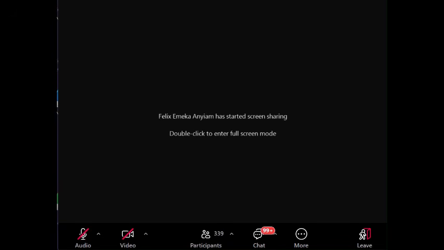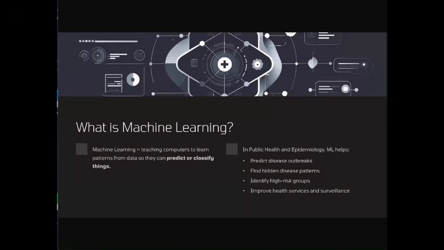what is happening. Okay. So see, in public health and epidemiology, machine learning helps predict disease outbreak. What does it mean when it says predict disease outbreak? It simply means that, say, every two years there's a disease outbreak in community A. There's a disease outbreak in 1999, 2020, 2021, 2023, 2025.